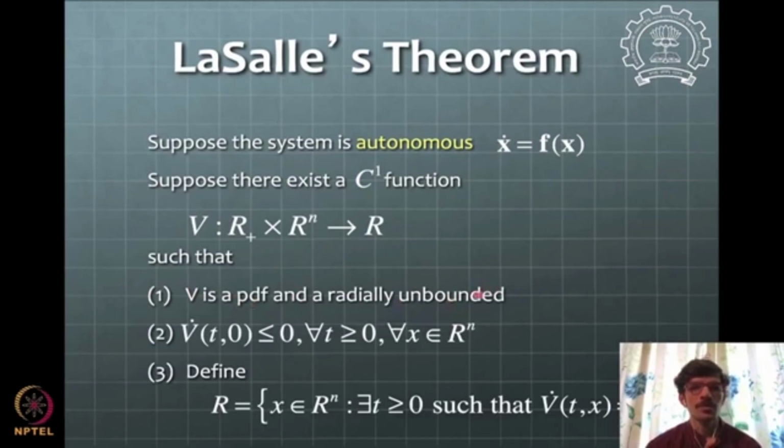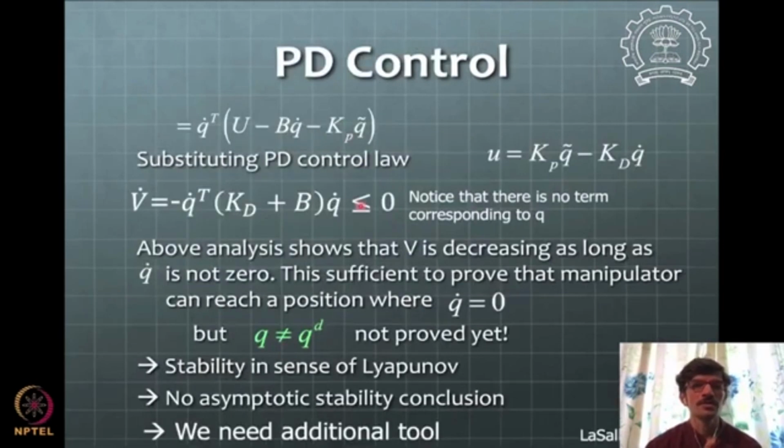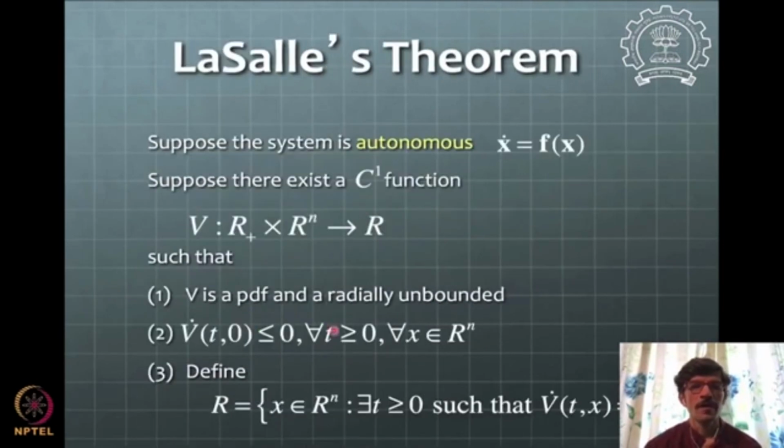So there is a new property coming here, it should be PDF and radially unbounded, and then V dot is less than or equal to 0, as we are getting in this case, for all t greater than 0 and all x belonging to R n space. For all x it is valid.